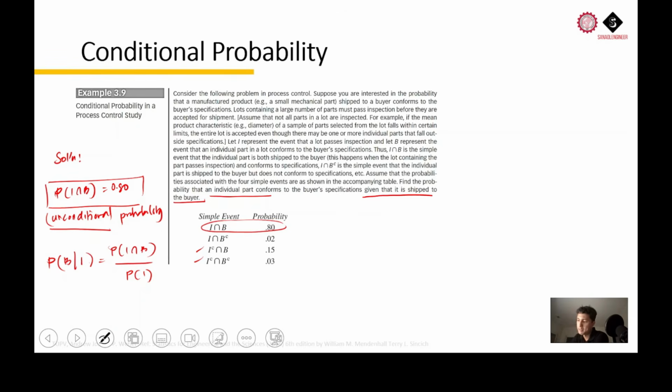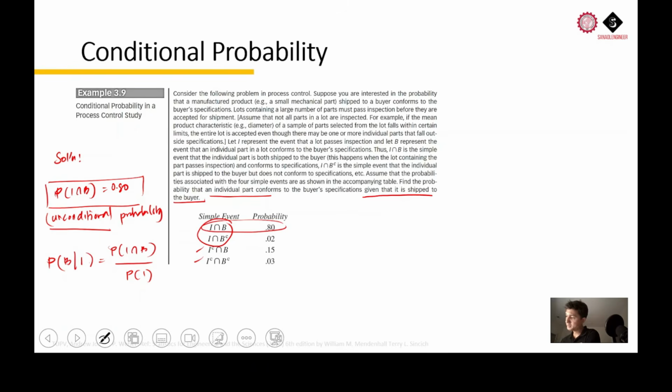Now, let's examine. Do we have the numerator value, which is the probability of the intersection of I and B? Yes, that's on the table. It's 0.80. What about the probability of I, the probability of the inspection? Do we have that value? Not yet, but we can find that value by adding these simple events.